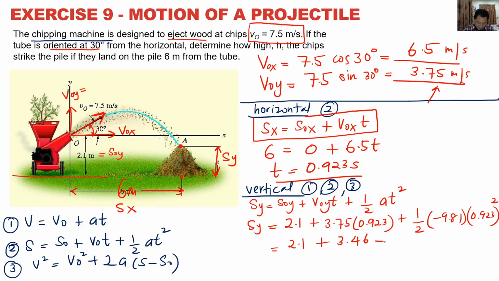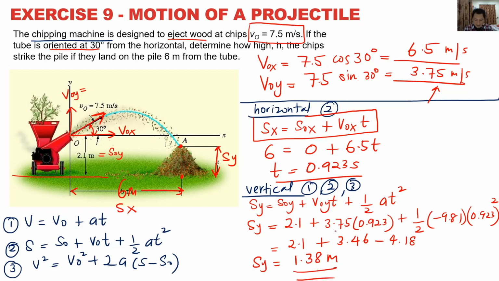Remember, this is a negative, so 4.18. So plus, minus: 2.1 plus 3.46 minus 4.18 is 1.38 meter. 1.38 meter. This is your SY.